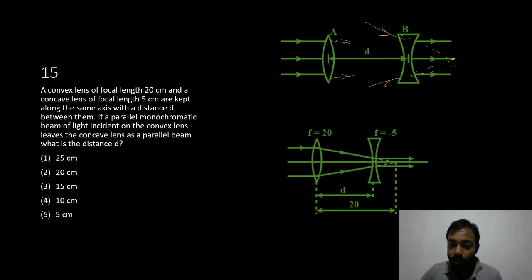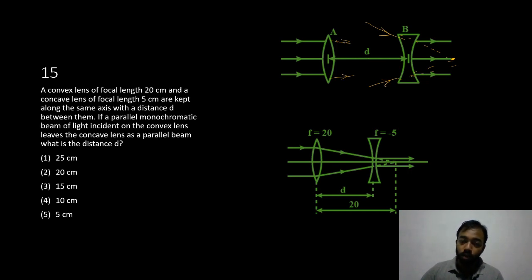But this image formed by this convex lens acts as the object for this concave lens. The real image formed by this convex lens acts as the virtual object for this concave lens. That virtual object is at the focus of this concave lens. Therefore the emerging rays should be parallel to the principal axis.